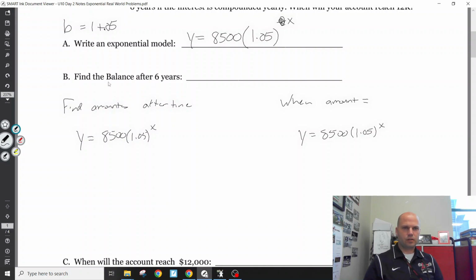Well, in this situation, finding the balance after 6 years, we're going to replace x or t with a value. So how long have we elapsed? 6 years. We're going to multiply our initial value by 1.05 six times to grow by this percent, 5%, 6 years.